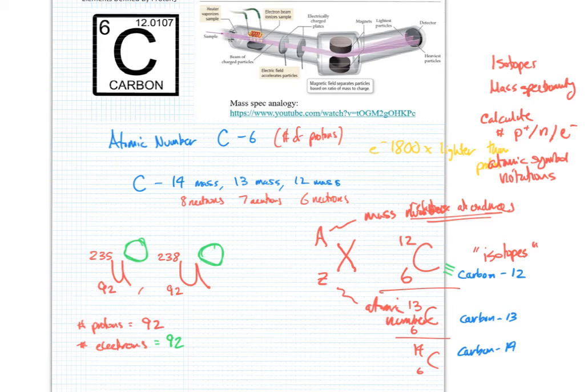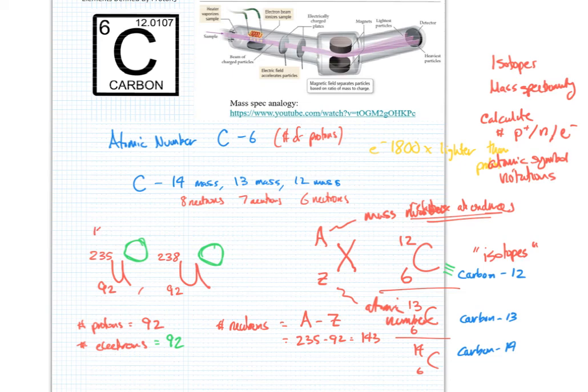And the way we find the number of neutrons is equal to the mass number, in other words, A, minus the atomic number, Z. So this first one would be 235 minus 92, which is equal to 143.